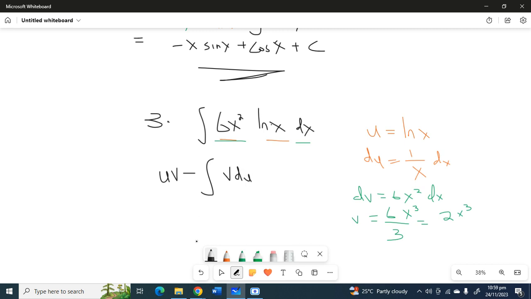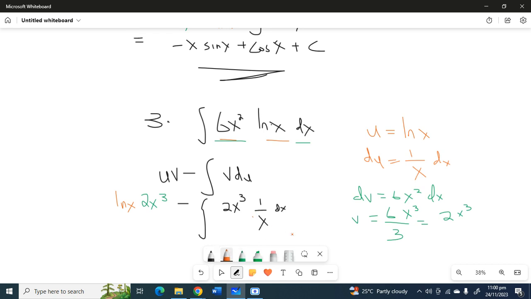Our u is the natural log of x. v is 2x cubed, minus the integral of 2x cubed. v is 2x cubed. du is 1 over x dx.